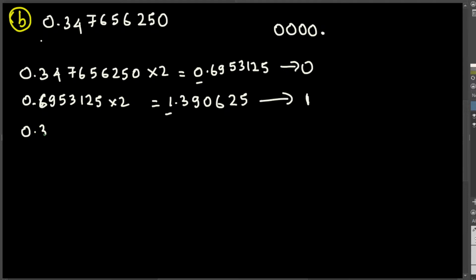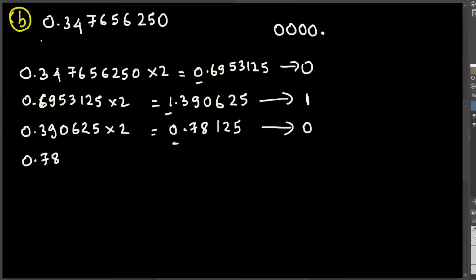And then 0.390625 multiplied by 2 gives us 0.78125, and here we have 0. Then 0.78125 multiplied by 2 gives us 1.5625, and here we have 1.